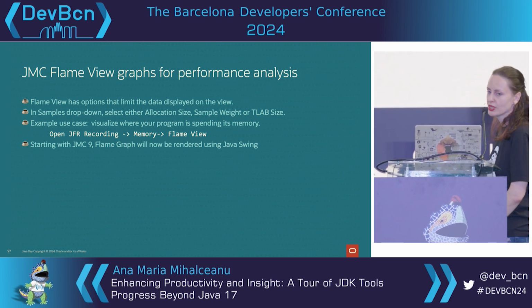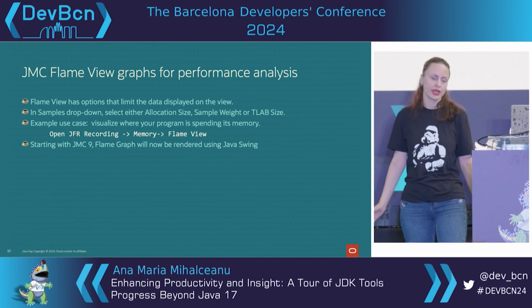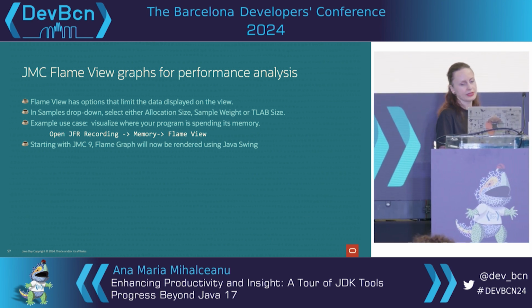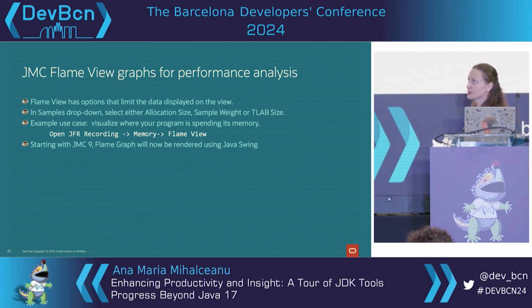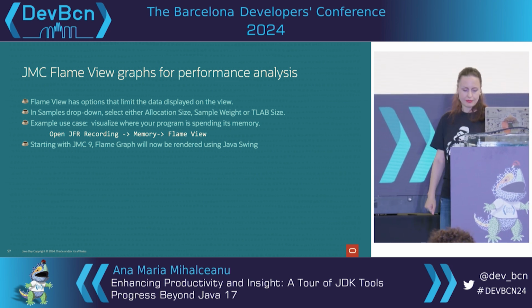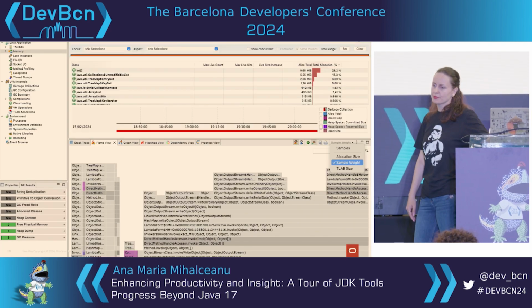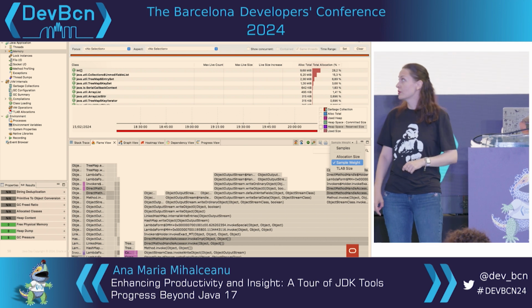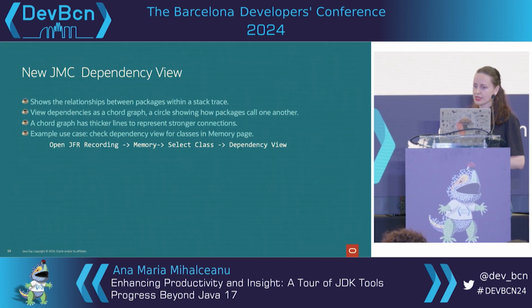And starting with JMC 9, the flame graph is rendered with Java Swing. I know, probably a small detail, but in terms of performance, the team realized that using Swing is better than the framework that was used before.